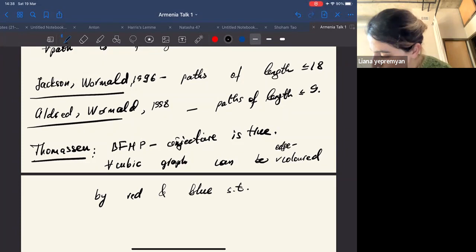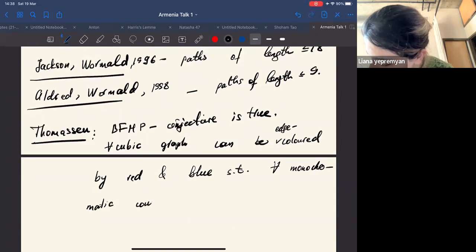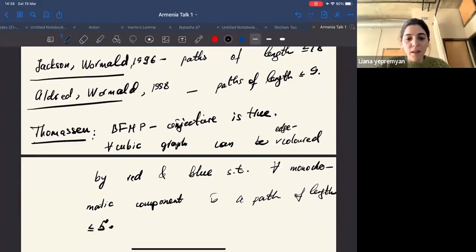The problem is different when you do vertex coloring, which I will also tell you a little bit about. So it can be edge colored by red and blue, such that every monochromatic component is a path of length at most 5.